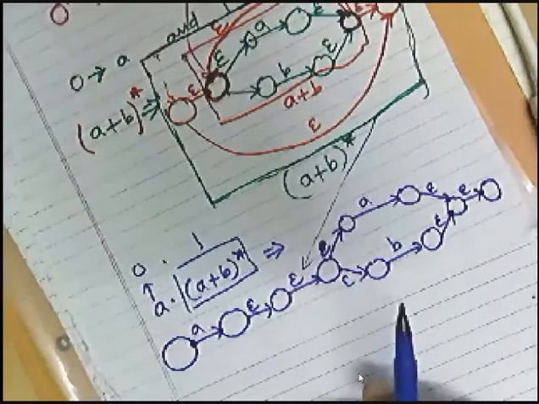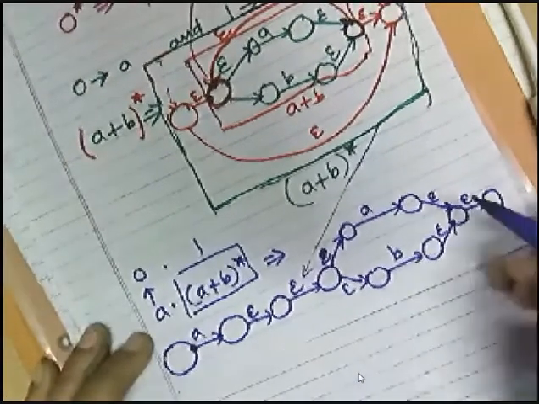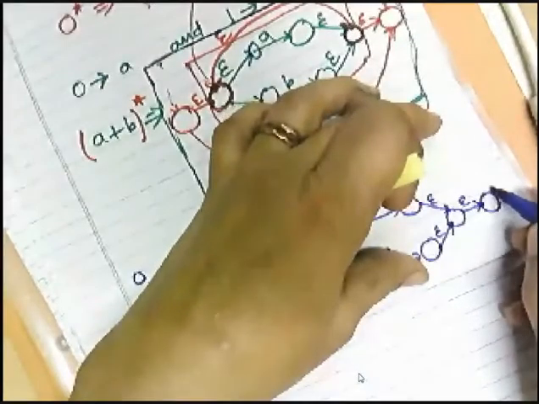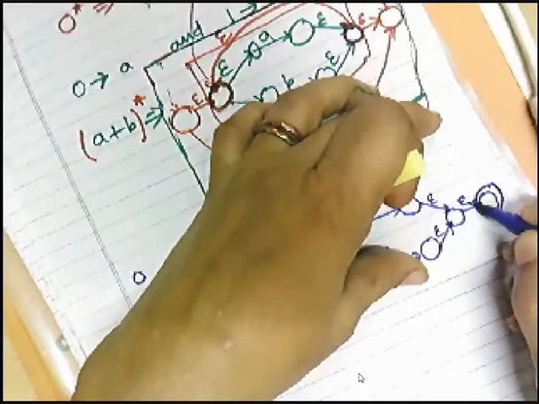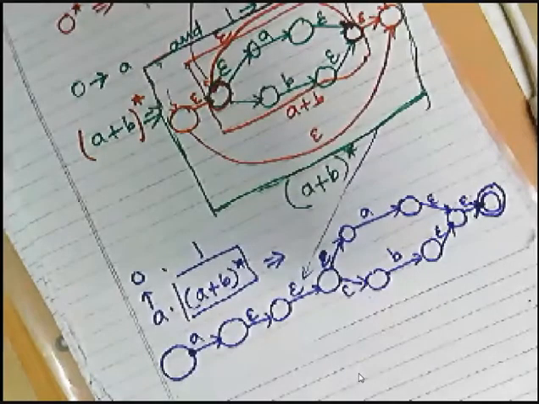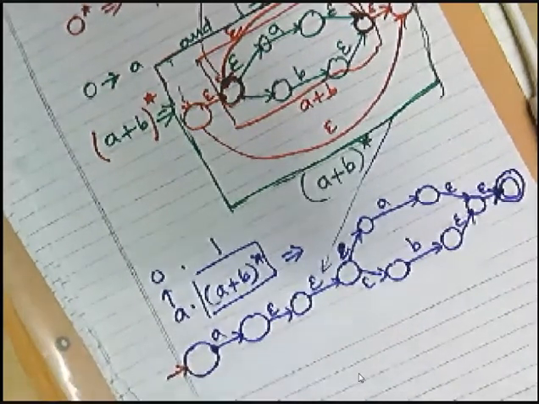Again, since this is a finite automaton, we need to mark the last state as a final state. Okay, always remember this. Now start naming the states. So how will we name them? This will be our starting state, right?